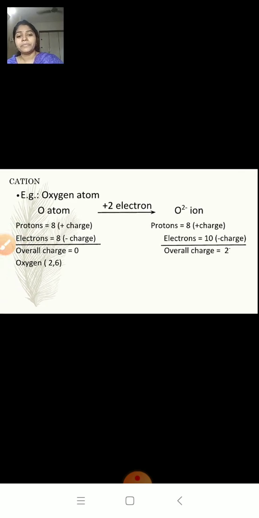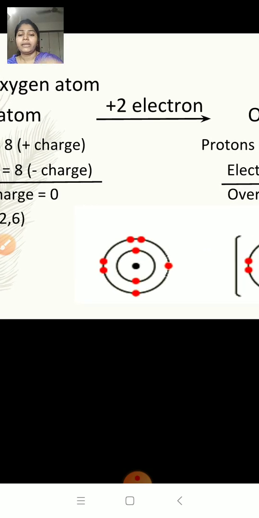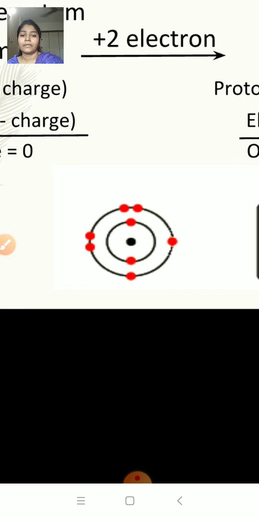Now why does it happen? You can see that in oxygen the electrons are arranged as 2, 6. In oxygen the innermost shell contains 2 electrons and the outermost shell contains 6 electrons, right?